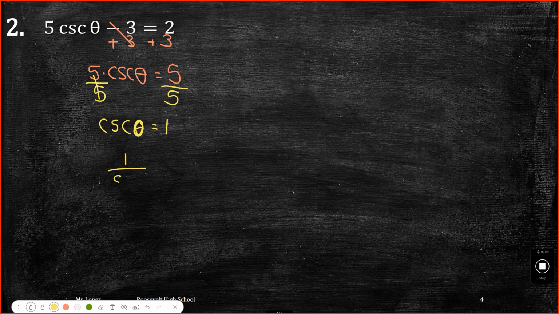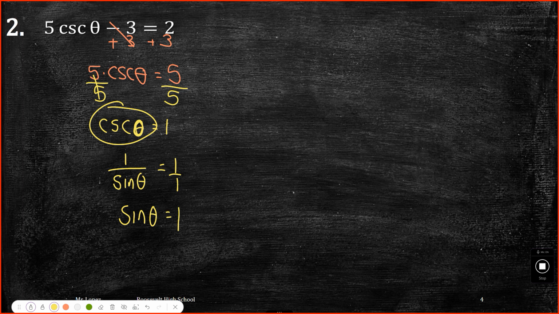Cosecant theta is 1 over sine theta. What I just did is this: cosecant theta is 1 over sine theta. But then I'm going to flip it. So if you flip it, it's still sine theta equal to 1. 1 over 1 is 1.